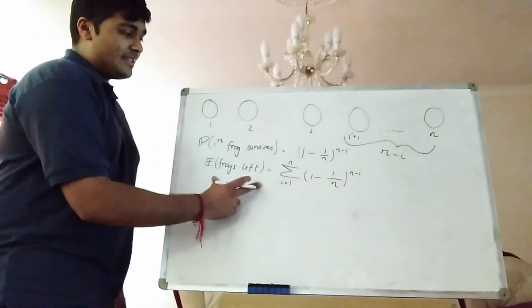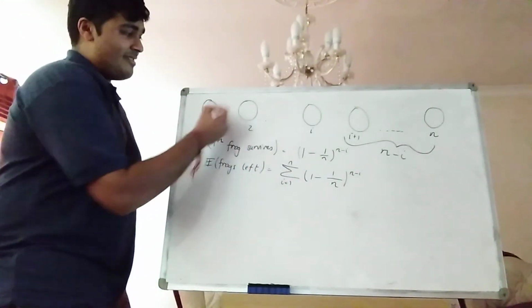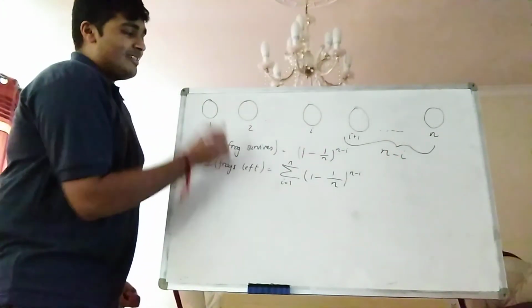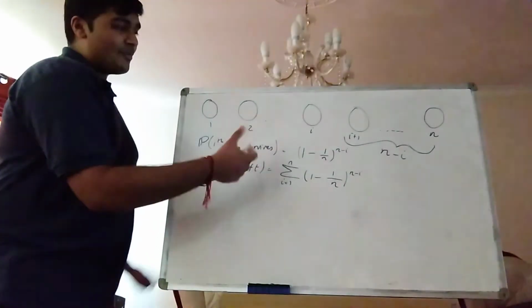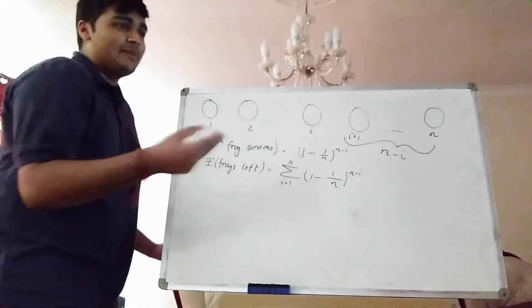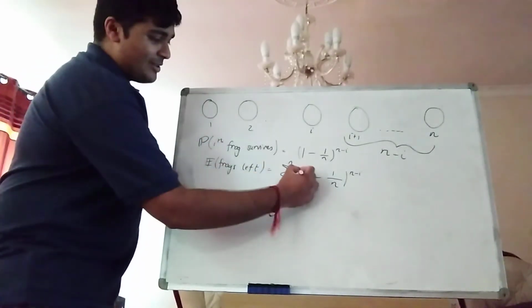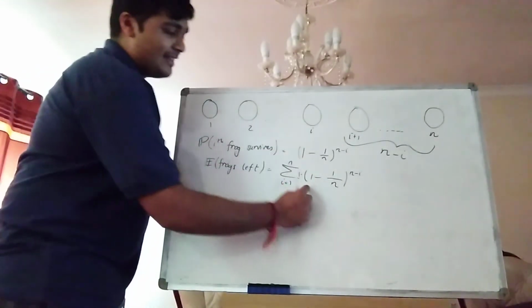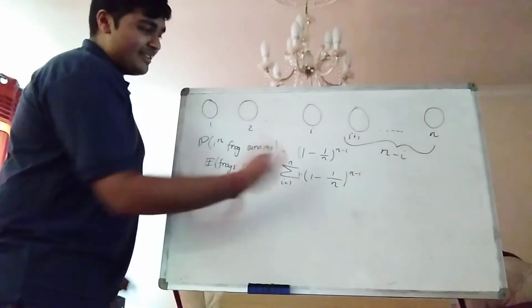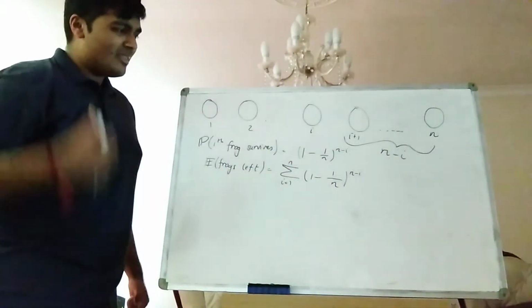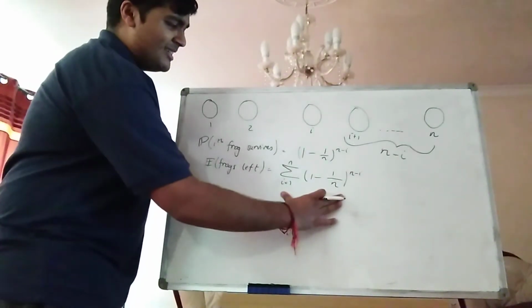The number of frogs left is simply, we go down this list of n frogs here, and we add 1 every time that there's a frog. And obviously we have to consider weighting it by the probability that that frog is alive, so we're simply doing the sum. You can think of it as 1 times the probability that the ith frog is alive.